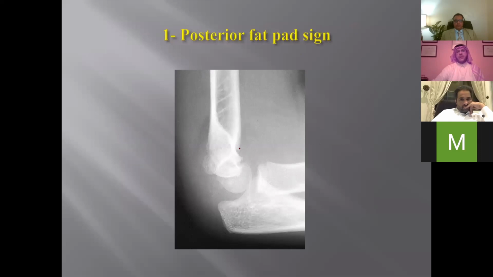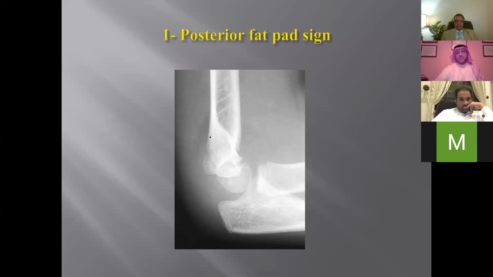So this is what I mean by the posterior fat pad sign. Normally you don't see any lucency here at the back of the humerus because there is a very strong fascia attached to the posterior surface of the humerus. So normally there is no lucency. Never ever do you see lucency at the back of the humerus unless there is some kind of injury.